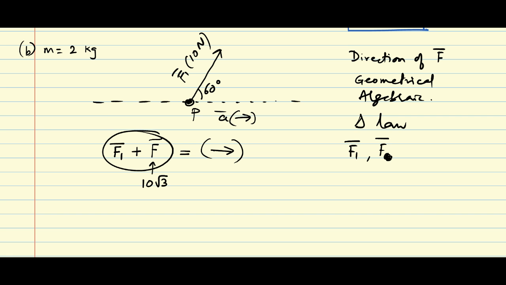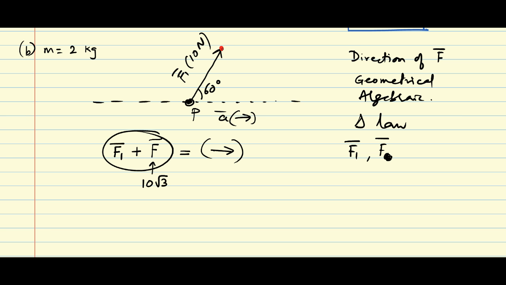So if I start by drawing F1 bar, which I already have in the picture, then F bar is to be drawn from the end point of F1 bar, that is from the point marked in red.